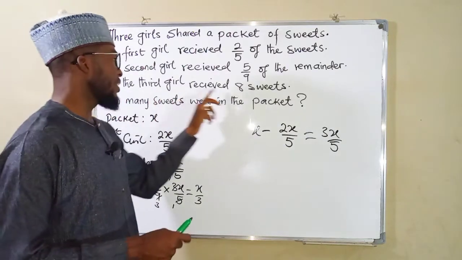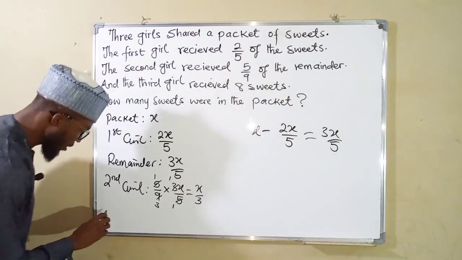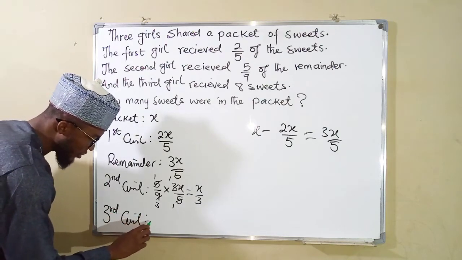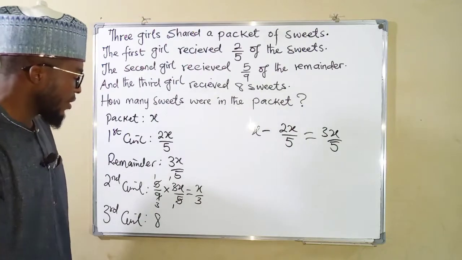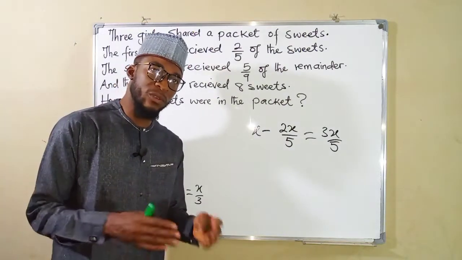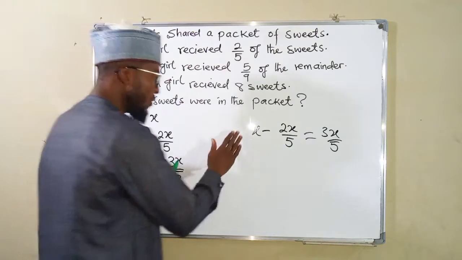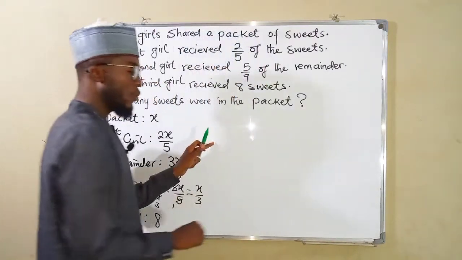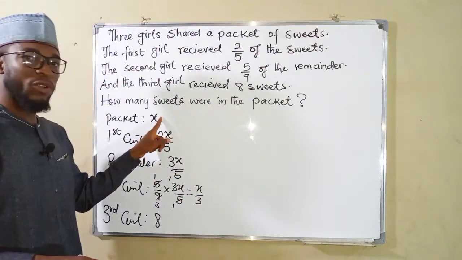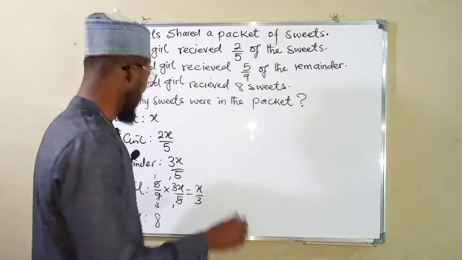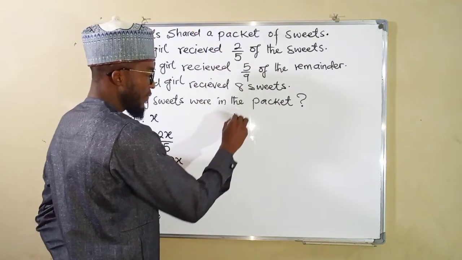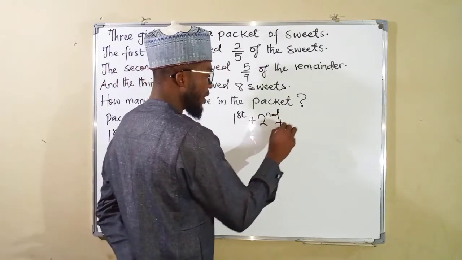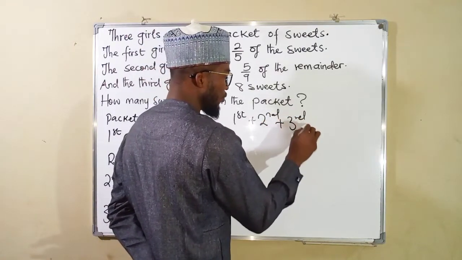The third girl received 8 sweets. So we want to find the total number of the sweets. We know that if we add all these sweets shared among these 3 individuals, we are definitely going to obtain X, because we say X is the total number of sweets. So we add the first share plus second share plus third share.